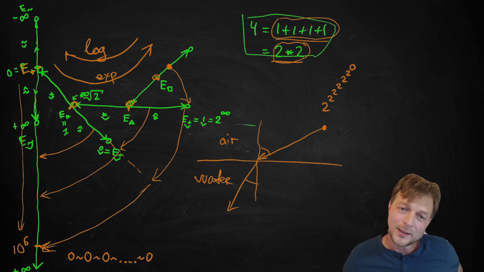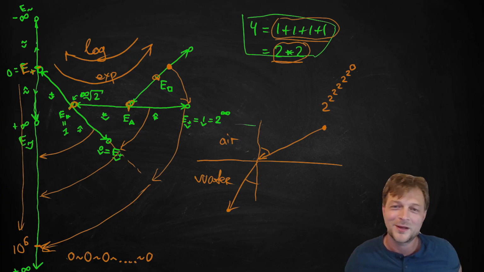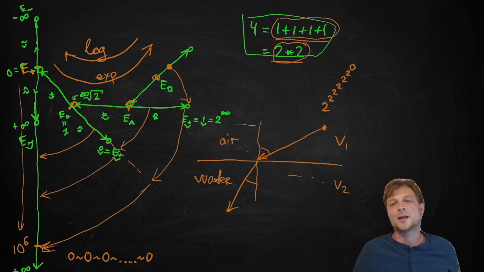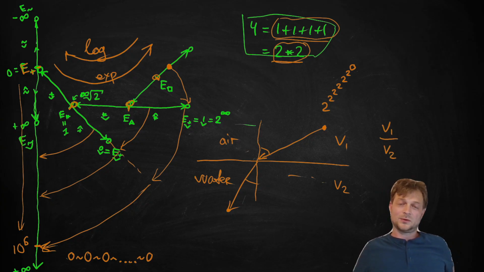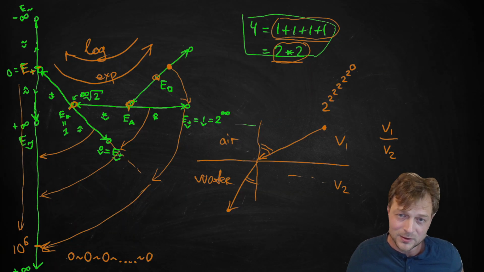So the beam of light will take the fastest path for it, and due to this desire to take the fastest path, it will change the angle, because the speed of light in the air is v1 and in water it's v2, and then v1 divided by v2 will be the quantity that relates these two angles.